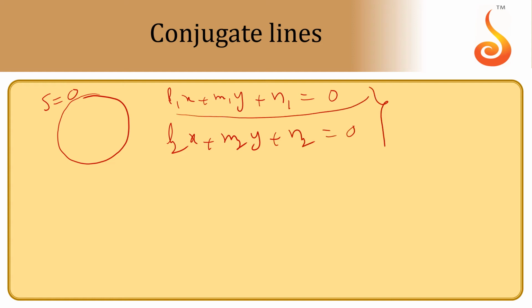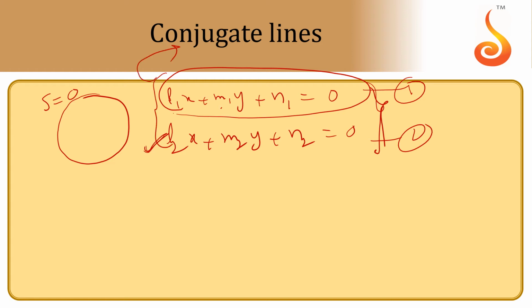Every line will have a pole except a diameter. There are 2 lines in such a way that the pole of one lies on the other. So if the pole of line 1 lies on line 2, and the pole of line 2 lies on line 1, then these 2 lines are said to be conjugate lines.